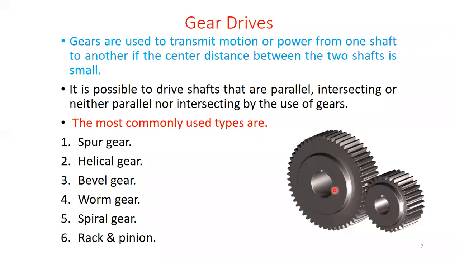The commonly used gears are spur gear, helical gear, bevel gear, worm gear, spiral gear, and rack and pinion gear. These are the different types of gears which will be used to transmit the power from one shaft to the other shaft.